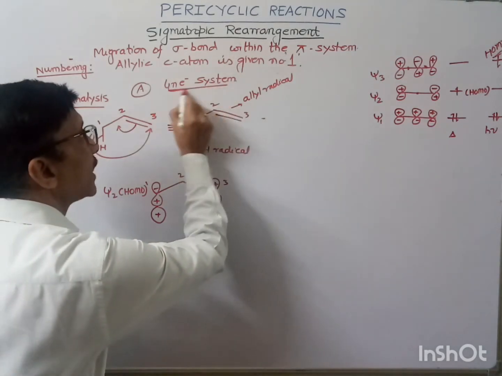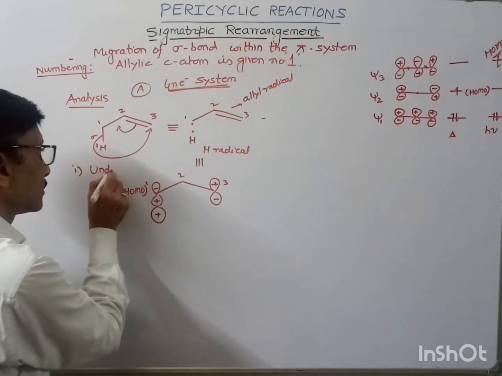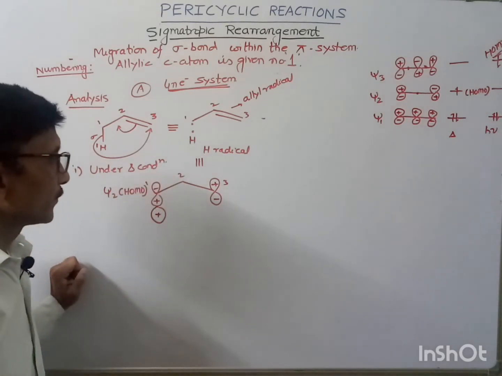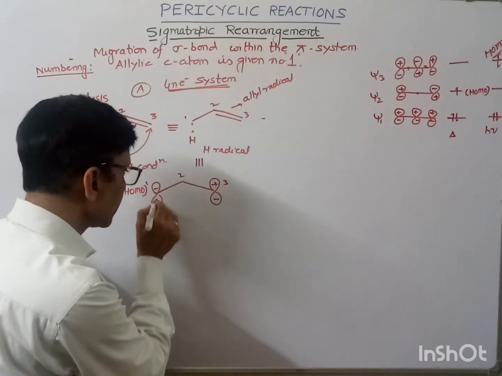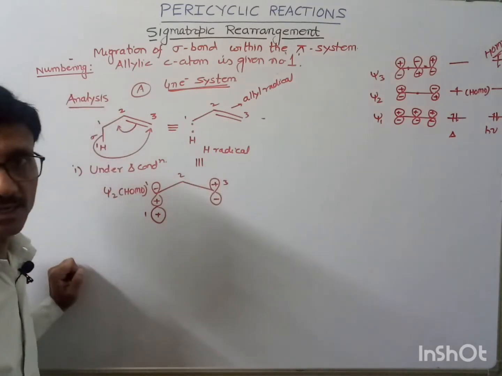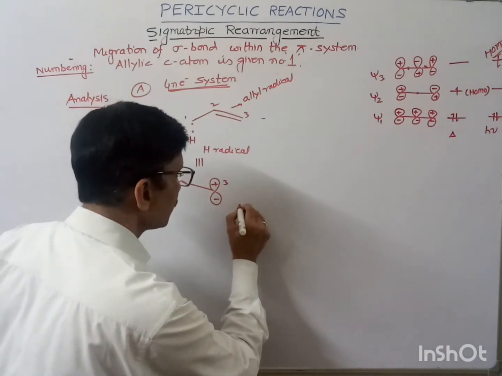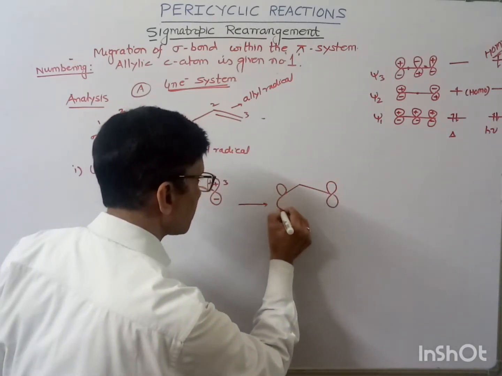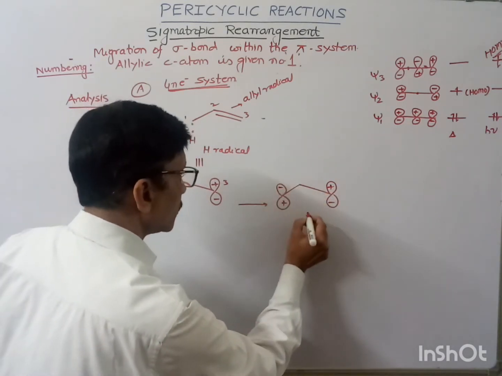We are discussing the 4n electron system under thermal condition. Now this sigma bond breaks, and the new bond would be formed between the first and third carbons.